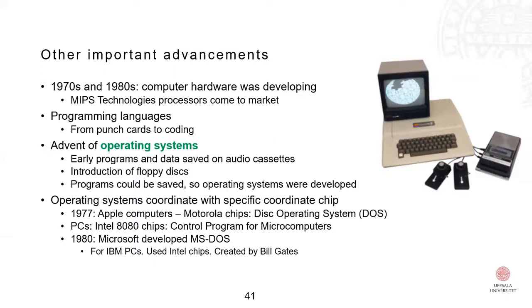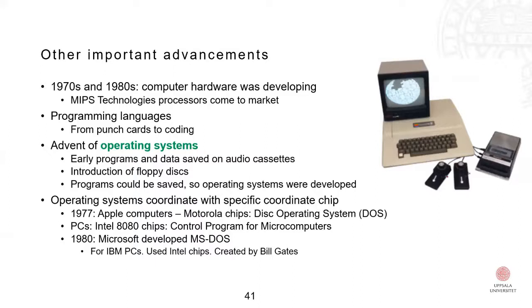You need to store it somewhere. Before this, the programs were not stored on the computer. You had to feed them to the computer each time. If, for example, you turned off your computer and turned it on again, you had to feed your program again. But at this point, because programs could be stored, we could have operating systems.